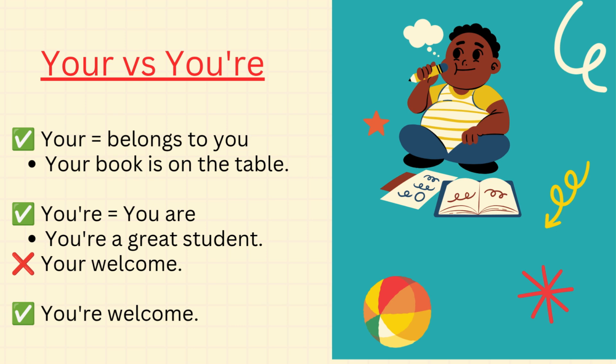Here's an easy trick: you're means you are, it's two words. And there is a common mistake everyone makes. That is "your welcome." It's wrong. You should use you're welcome. That's the correct word to use. Let's go to the next slide.